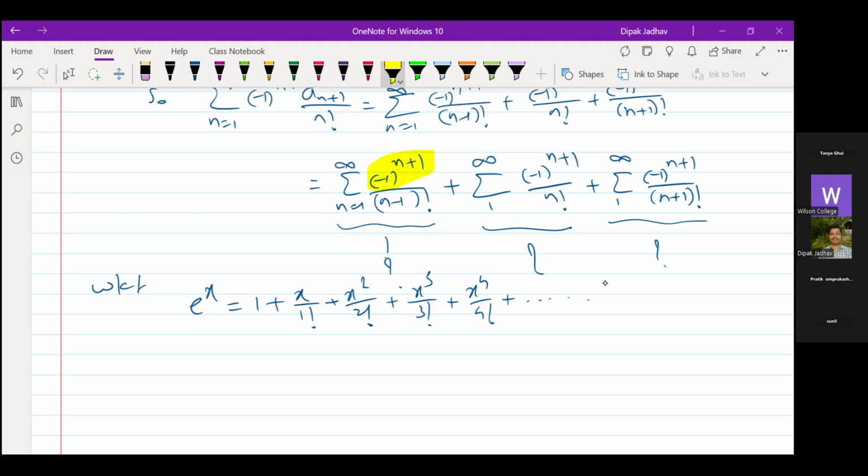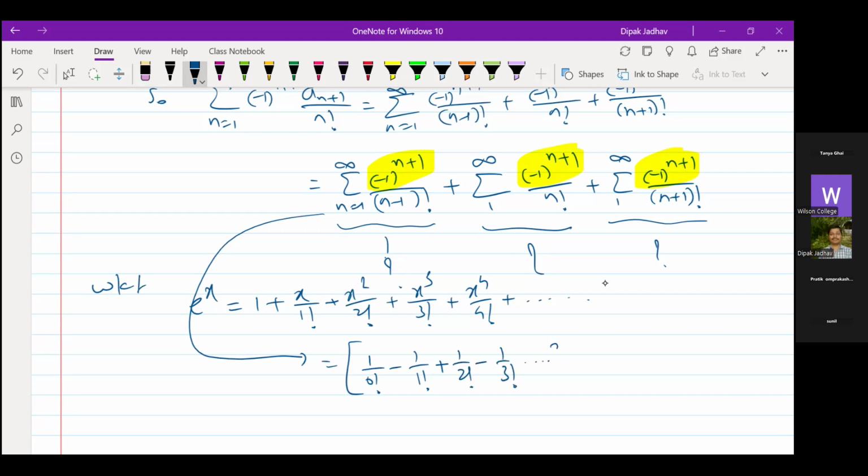You observe there is a term in the numerator which is minus 1 raised to n. So if I expand this, first will be 1 upon 0 factorial minus 1 upon 1 factorial plus 1 upon 2 factorial minus 1 upon 3 factorial. Is it okay? It will be like this.